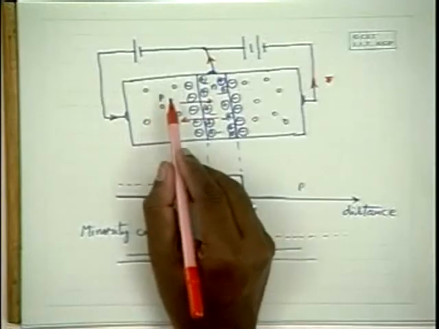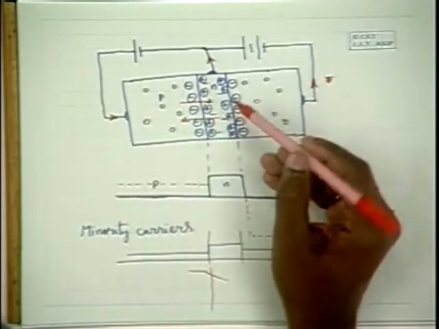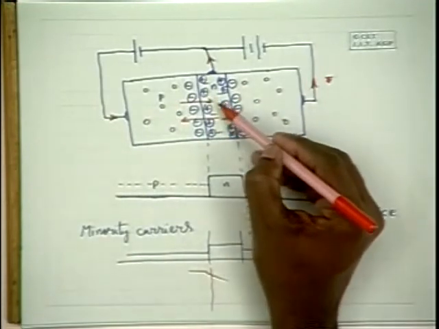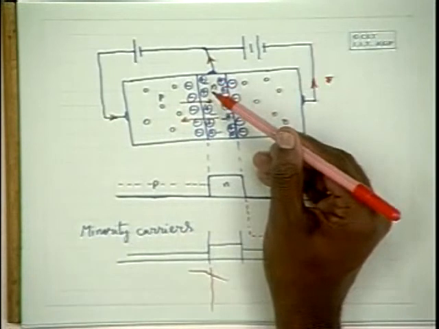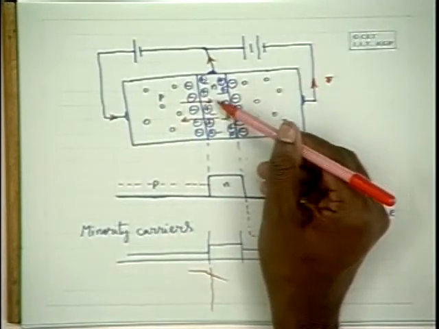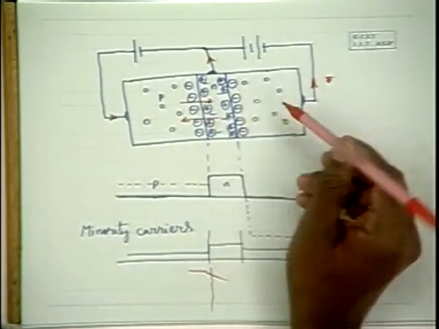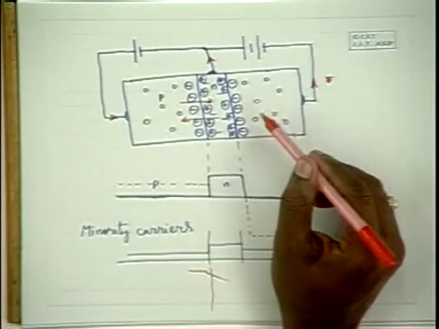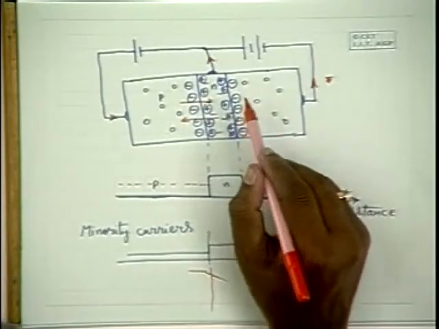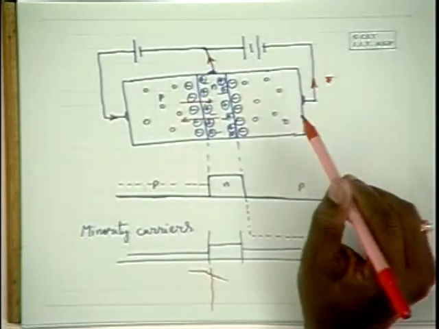If you want the majority of the current as holes, you should have high hole concentration here, and if you want the recombination of the electrons to be low here, you need low doping concentration for the base. Similarly, if you want to reduce the diffusion on this side, of course diffusion doesn't take place here, if you want the same hole current to be dominating, you should have low concentration on this side also.